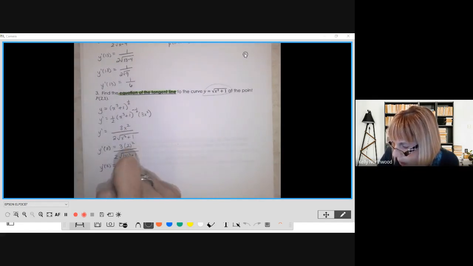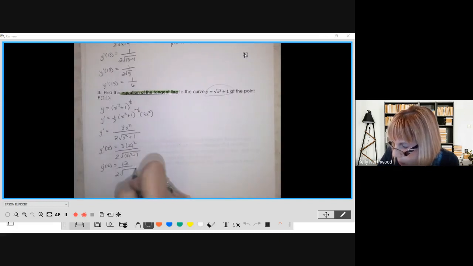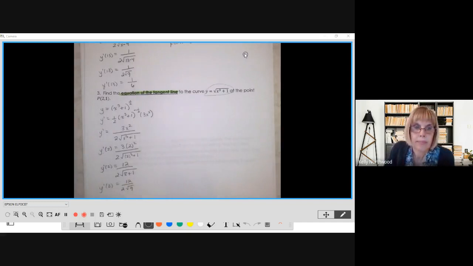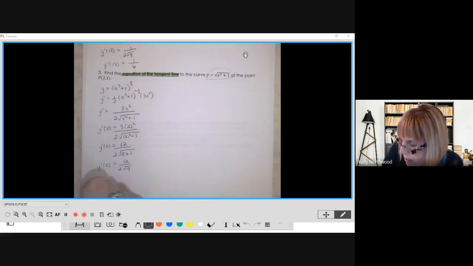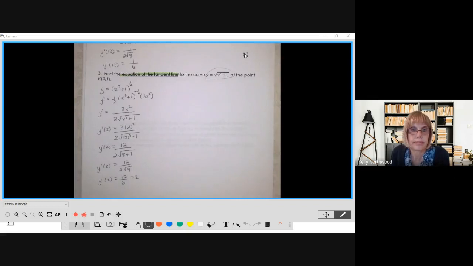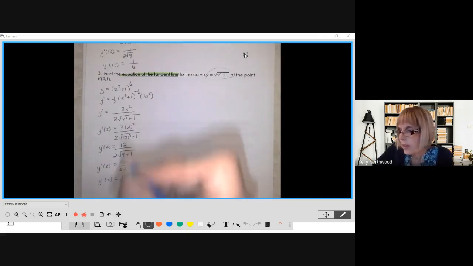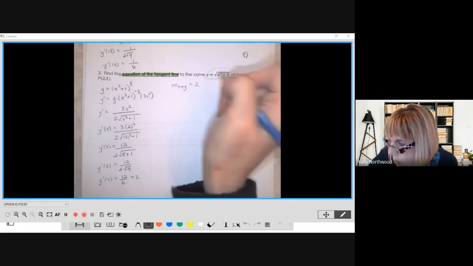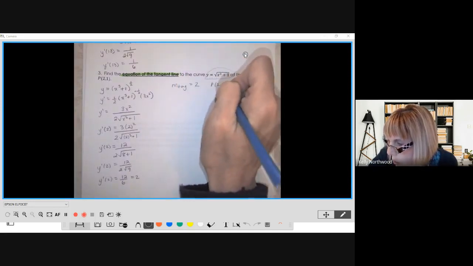So that's going to be 12 over 2 times the root of 8 plus 1, so 12 over 6, which is 2. So m tangent is 2, and our point is 2, 1.